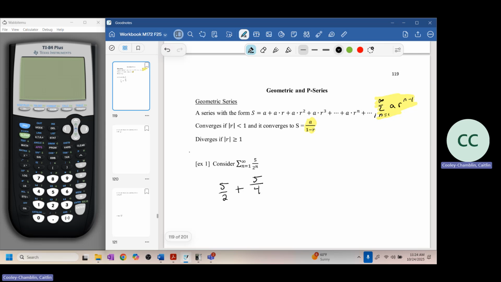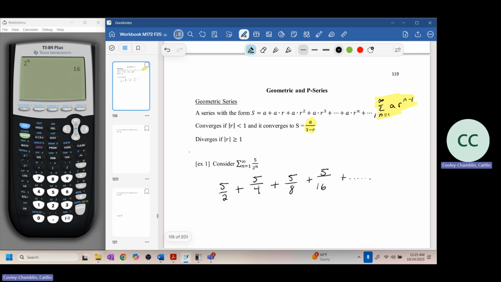And if we let n be 3, we get 5 divided by 8. And if we let n be 4, we get 5 divided by 2 to the fourth, and I do not know what 2 to the fourth is in my head. So I'm going to use my handy dandy calculator. 2 to the fourth, 16. Okay, and so it keeps going and going and going.